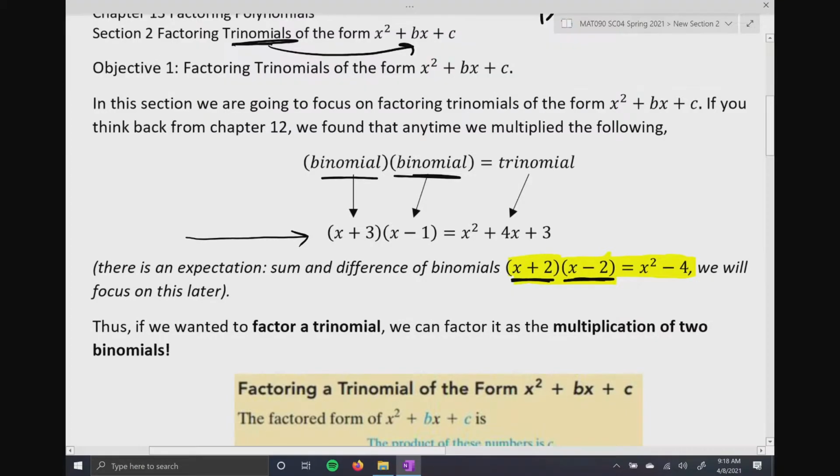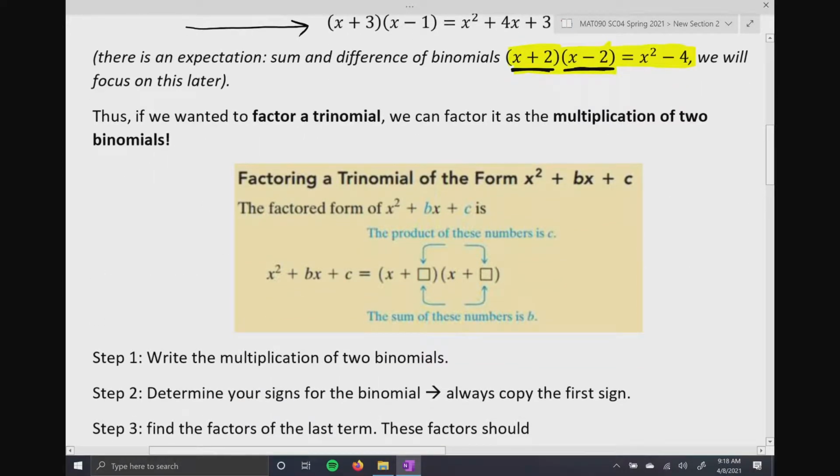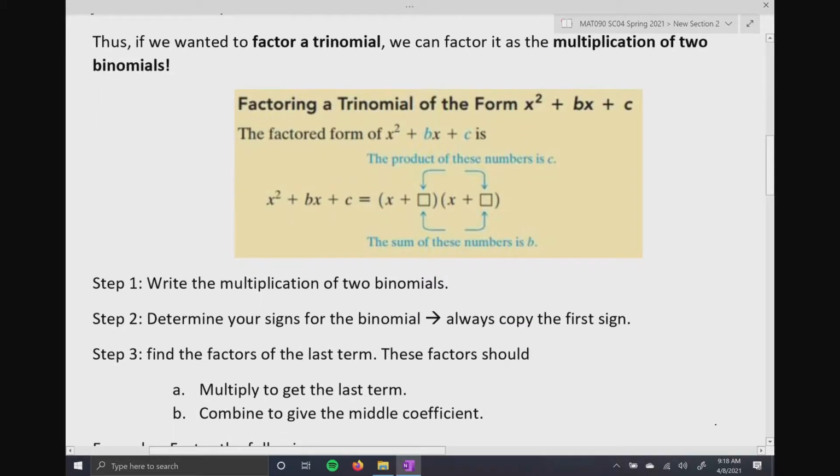All right, so here we go. Here comes the big part. How do we actually factor a trinomial of the form x squared plus bx plus c? Step 1, you're going to want to write the multiplication of 2 binomials. If we know that our answer is x squared plus bx plus c, remember, this is like a game of Jeopardy.